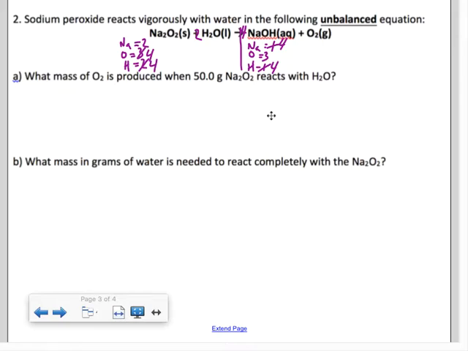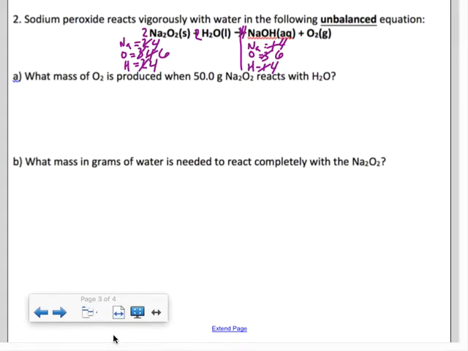Okay, and then 4 times 1 is 4 plus 2 is 6. So I'm going to come back over here. I already have 2, and I need 4 sodium, so I might as well just stick a 2 there. 2 times 2 is 4. 2 times 2 is 4 plus 2 is 6. Okay, we're finally balanced.